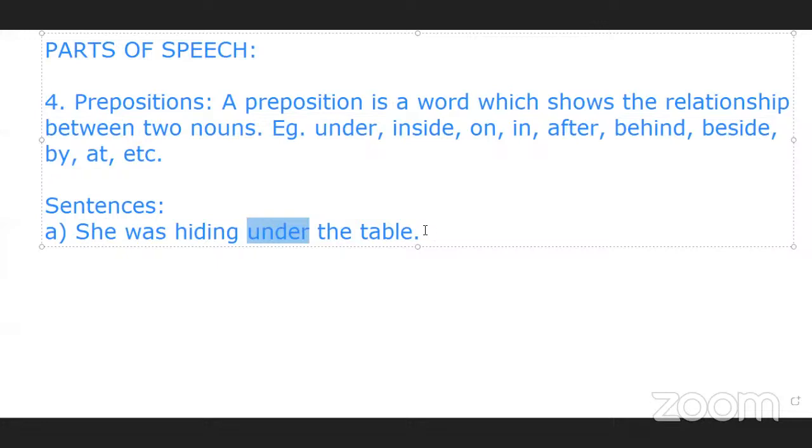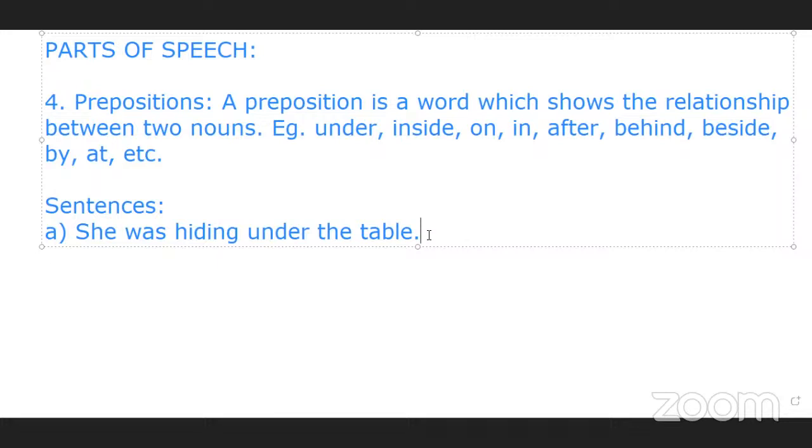That's right. Which two nouns is the word under showing the relationship? When you look at your sentence, she was hiding under the table. Which two nouns are we looking at that under is showing the relationship?